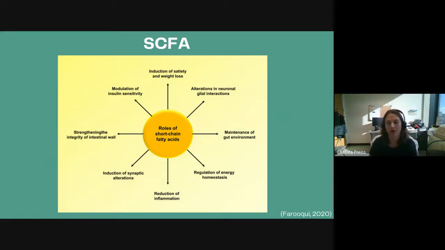Butyrate is the main fuel source for epithelial cells in the colon, and it helps mucus production. It increases tight junction proteins, which are exactly what they sound like: proteins that help keep the epithelial cells tight together so molecules can't pass through. Butyrate also helps downregulate the cytokines that are produced from lipopolysaccharides.